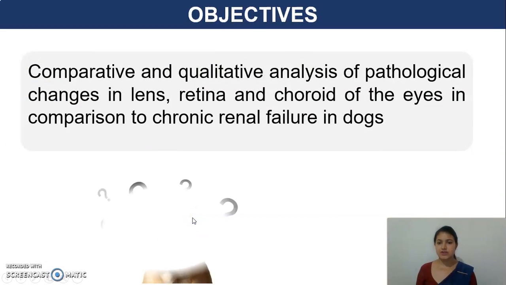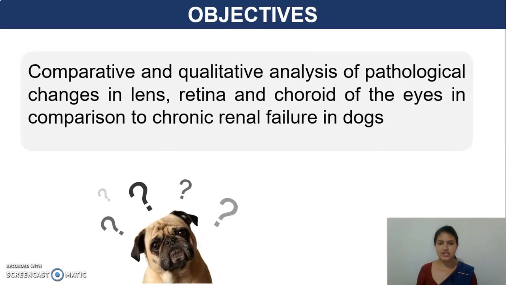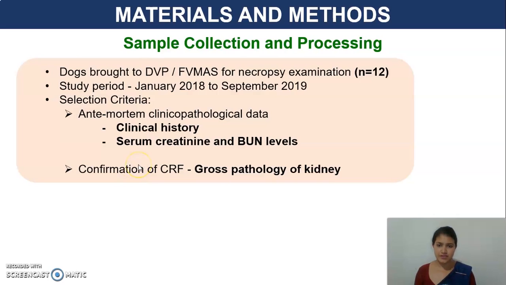Therefore, in novelty, the objective of our study is to conduct a comparative and qualitative analysis of pathological changes in the lens, retina, and choroid of the eyes in renal failure dogs. In our study, we have collected kidney and eye specimens from 12 dogs brought to the Department of Veterinary Pathobiology for necropsy examination.